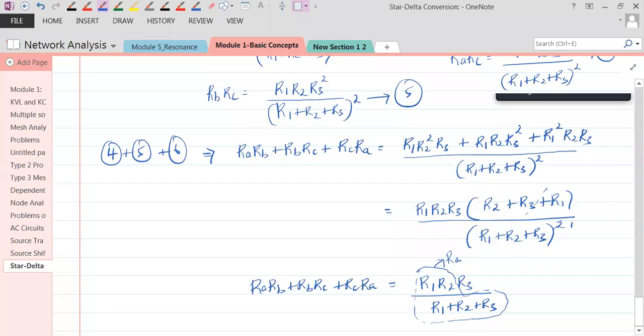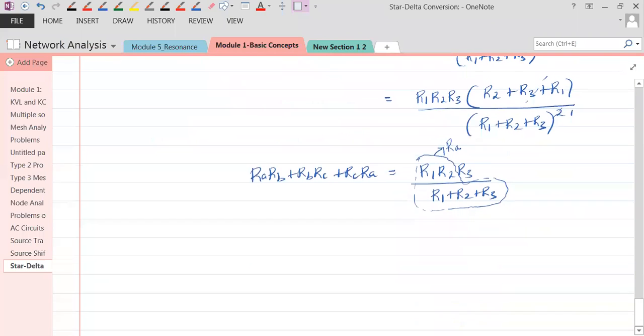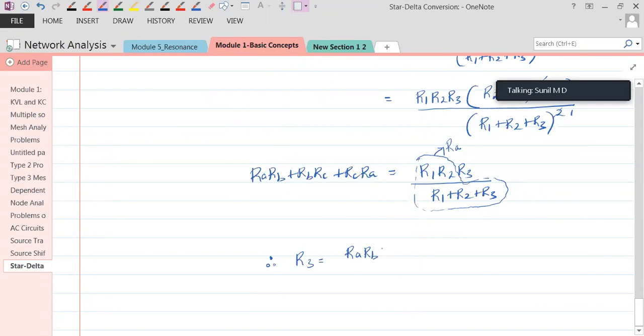So therefore, what is R3? We can write R3 as RA, RB plus RB, RC plus RC, RA divided by RA.